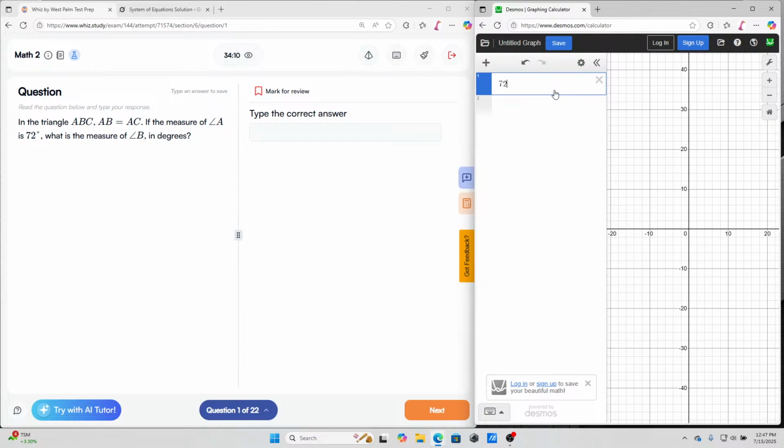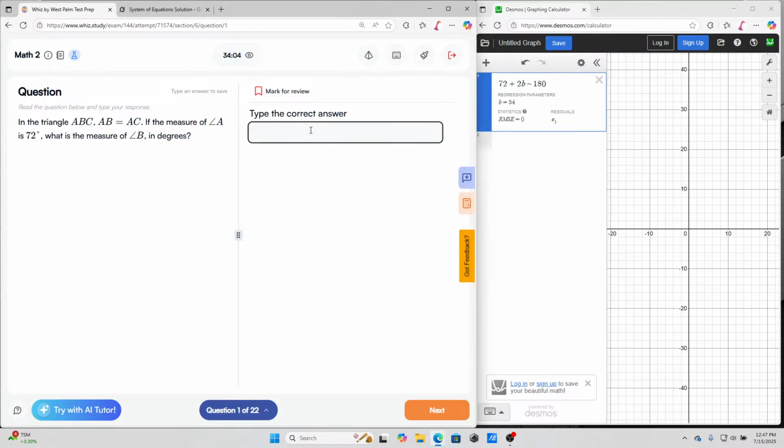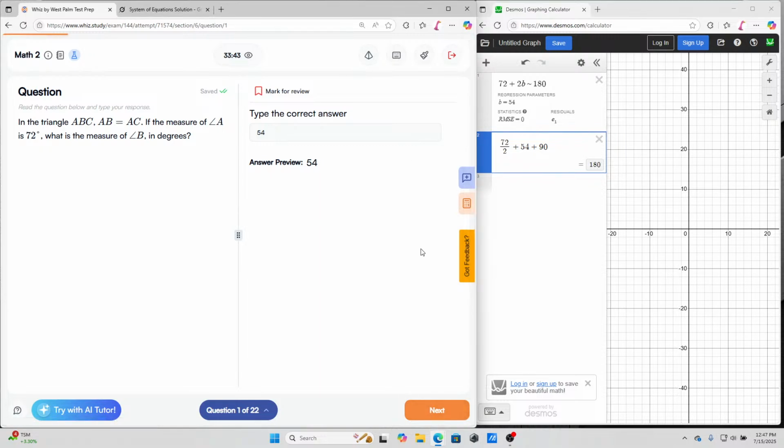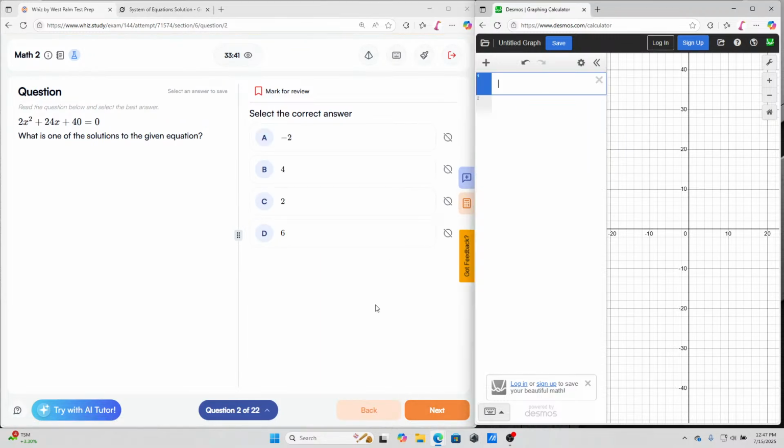Okay, so 72 plus 2B is 180. So B is 54. Yeah. Plus 54 plus 90. Okay. It's 180, yeah. So then we go plus 90, and then we do 72 over 2. Yes. Alright, good. Because you can make an isosceles into two right triangles.